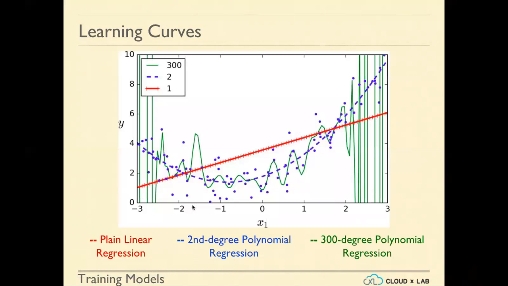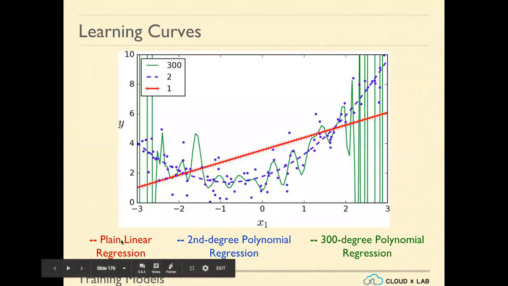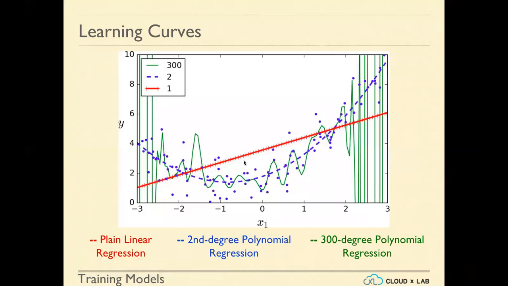Had it been talking about 2 features, the situation could have been similar. So this one is the linear, this one is the 300-degree polynomial, and this is the second-degree polynomial. This curve is second-degree. I hope this makes sense to you.